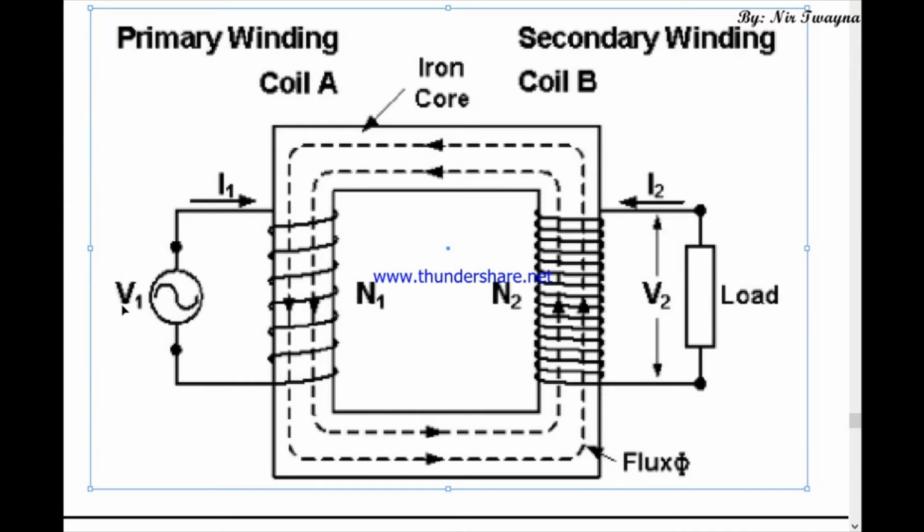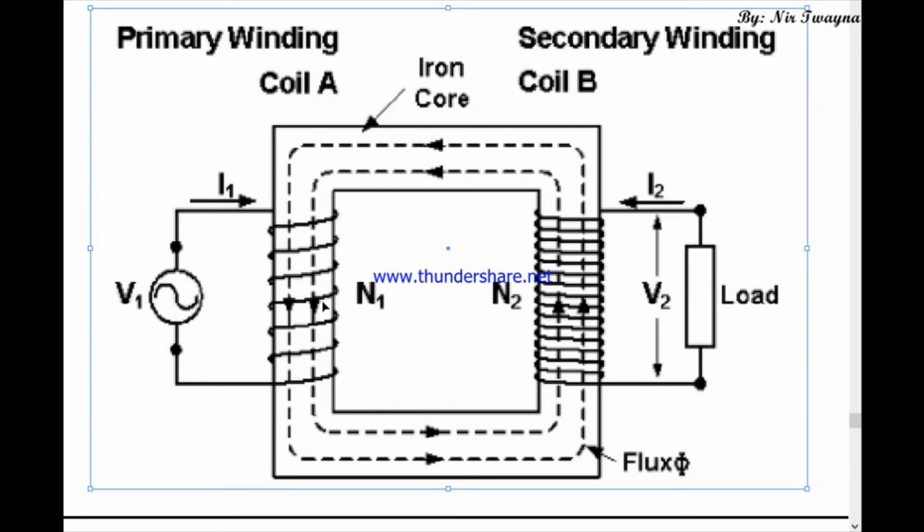Understood? Now the voltage of the input current is indicated by V1, and the amount of input current is indicated by I1. Current is supplied to the primary coil, and because of that, the primary coil becomes an electromagnet.